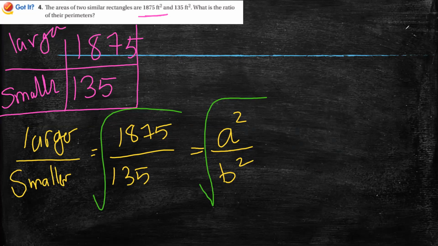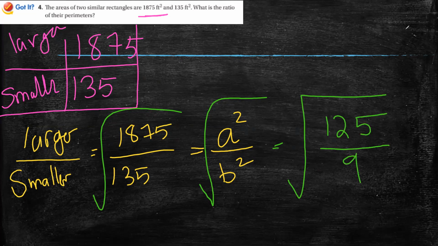If you divide it with the square root, it gives you a number like 3 squared, something like this. I don't want it. The first step, you have to divide 1875 by 135. After you divide it without square root, you get 125 over 9. Then this 125 over 9 is A squared over B squared.